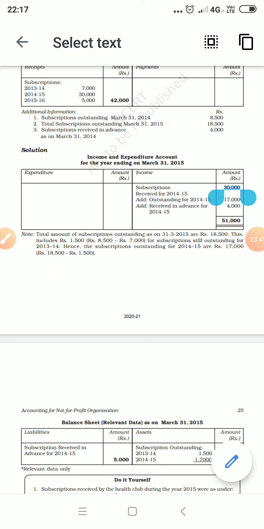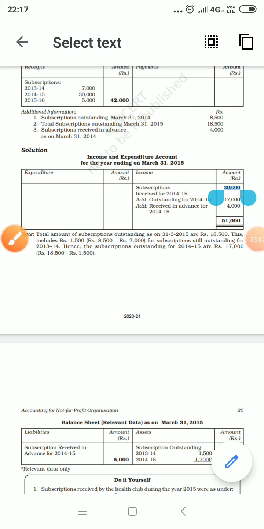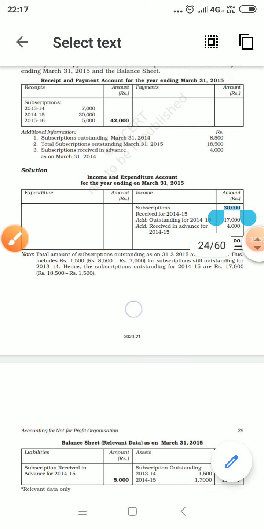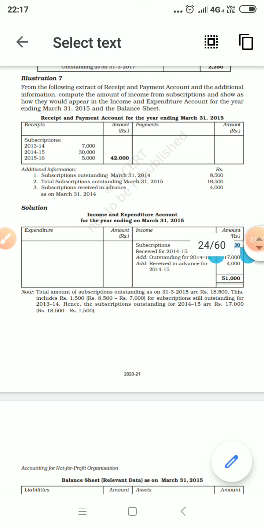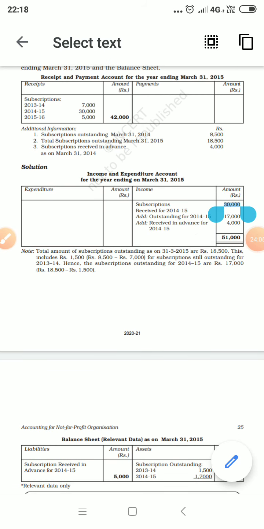And it is X method. See, from here all the receipts come to income side, all revenue receipts, and from payment all revenue expenditure come to expenditure side. This is the X method which I told. Yes. Now we have to add current year's outstanding. So we have to find out what is current year's outstanding.